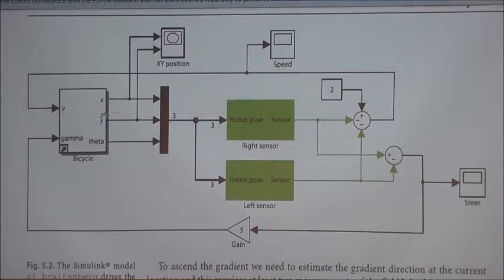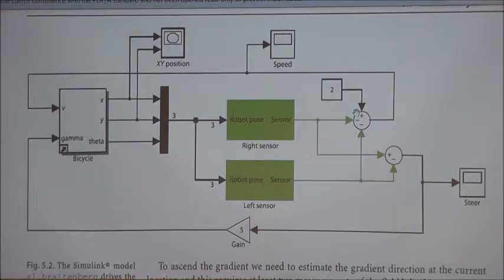As you remember, the inputs are the velocity and orientation, or the gamma angle. The outputs are the x and y location of the bicycle or the vehicle on the ground, and the orientation theta. All three variables are going to be going into two different sensors, one on the right, one on the left side of this Braitenberg vehicle.